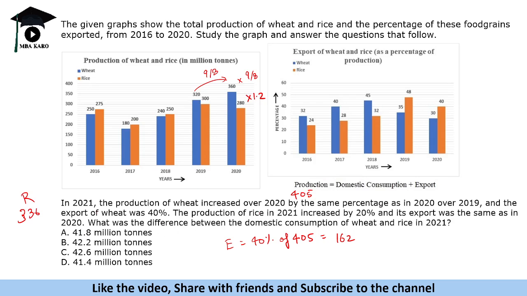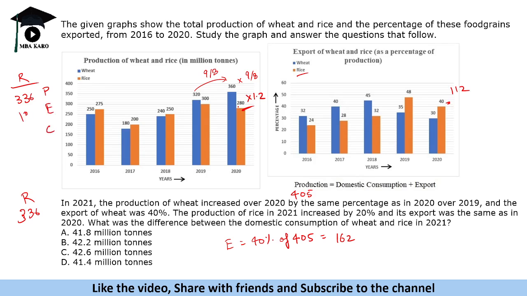What was the difference between the domestic consumption of wheat and rice in 2021? So export is same. Export in this year was, rice का export was 40%. ठीक है, that is 112. So rice, if we talk about 336 is the production, okay, export and consumption.